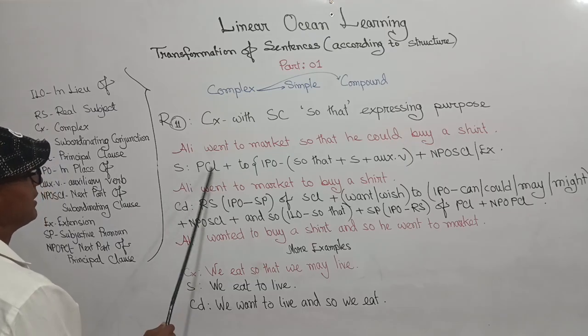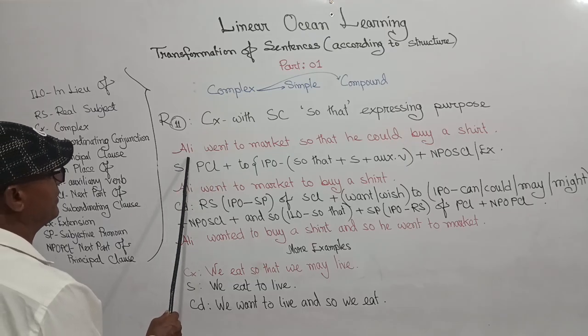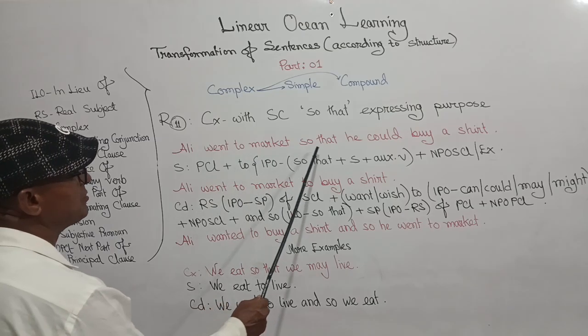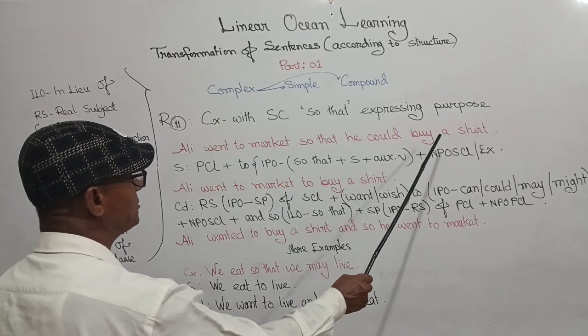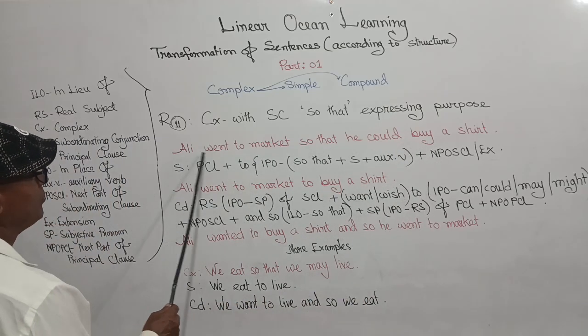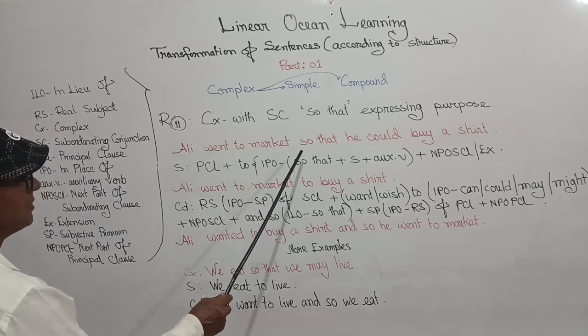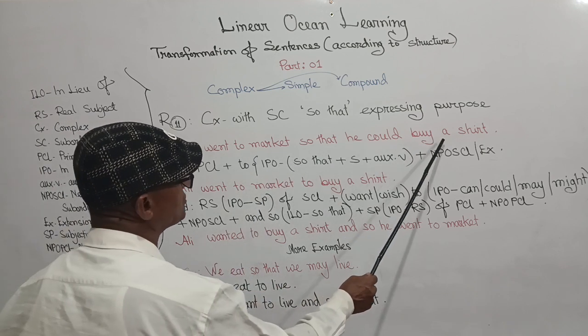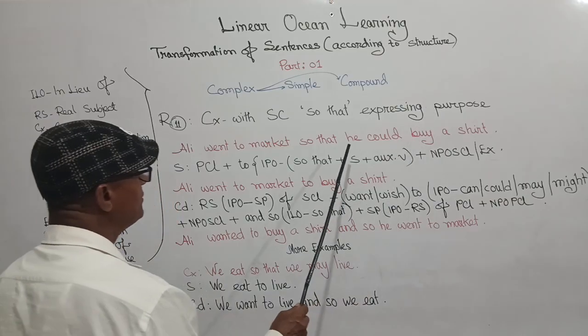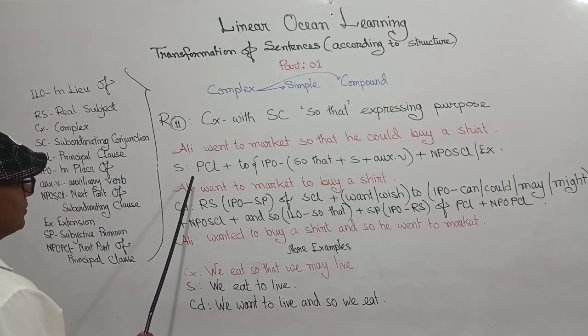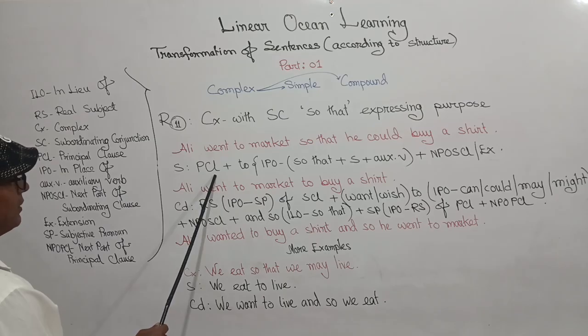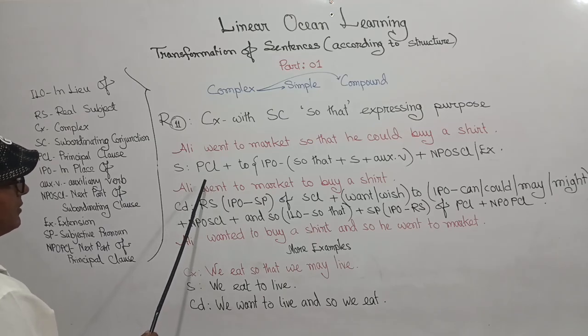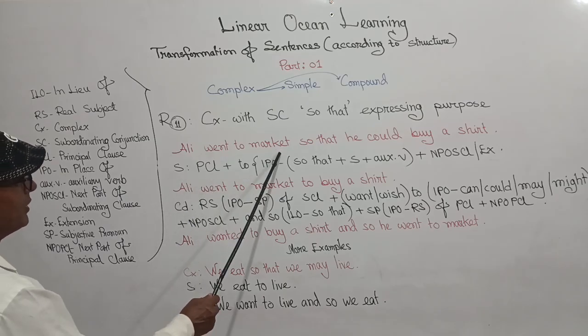Here, "Ali went to market" is the principal clause, and "so that he could buy a shirt" is the subordinating clause. To begin the simple sentence, we have to write the PCL at the beginning. That is, PCL means Ali went to market.